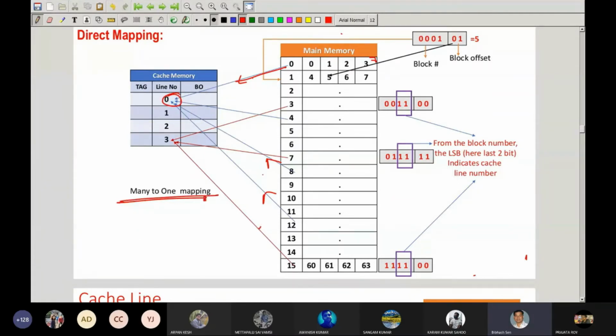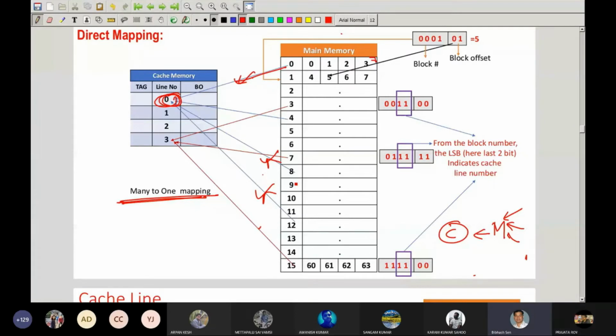That's why it is called many to 1. In direct mapping, a main memory block comes to the cache. You found that one location of the cache is accessed by multiple locations of main memory. That's why it is the many to 1 concept. Is it clear?